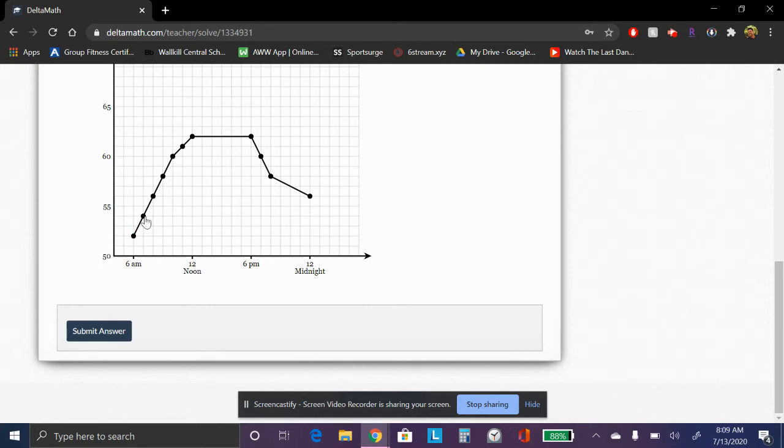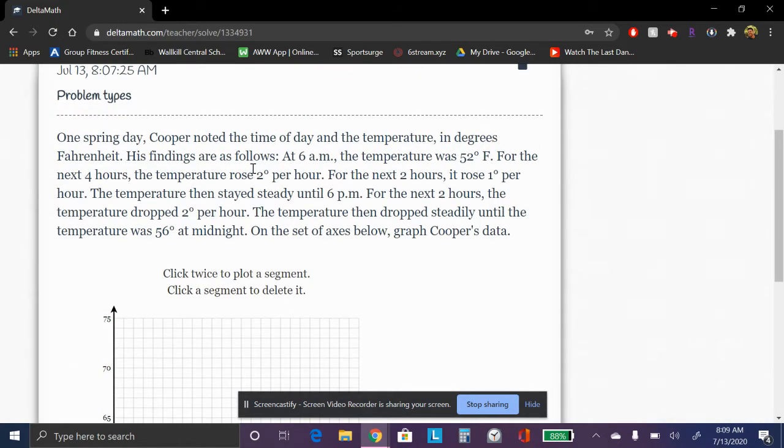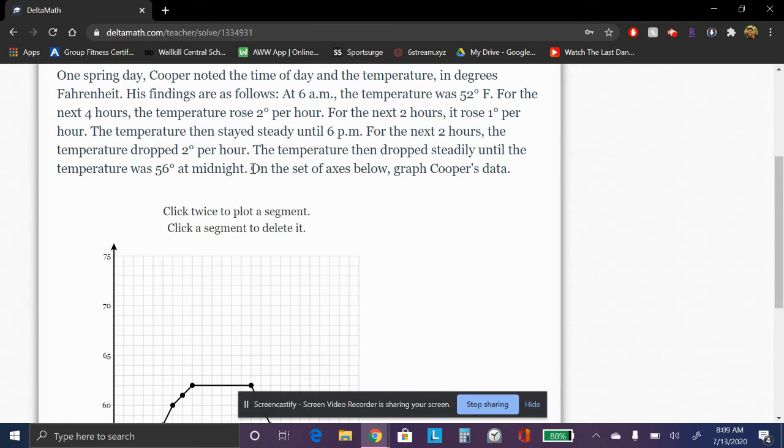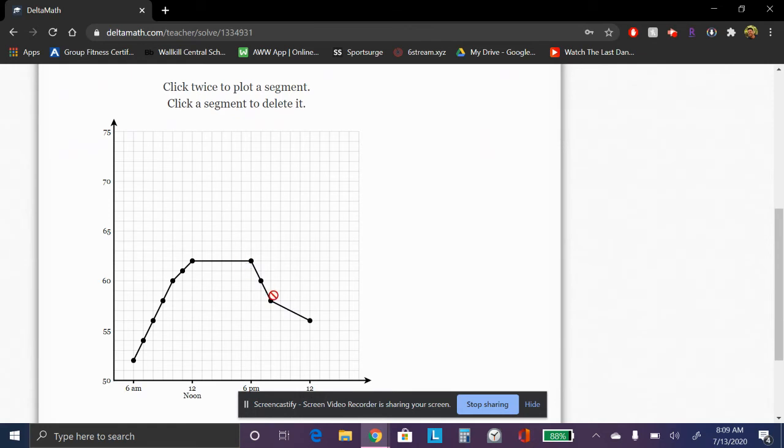So it started off pretty steep, then narrowed out, stopped, and then the temperature dropped. Okay, yeah, so we're talking about temperature here. We're not talking about snowfall. We're talking about temperature.